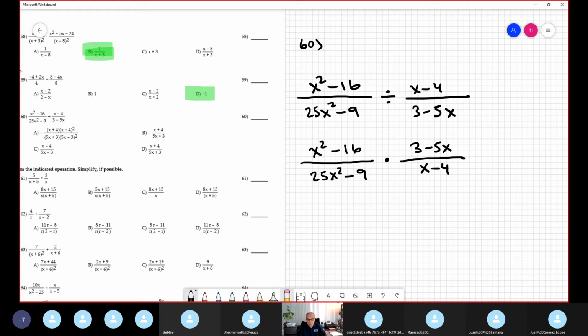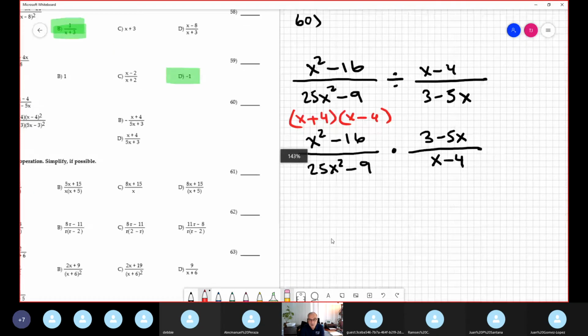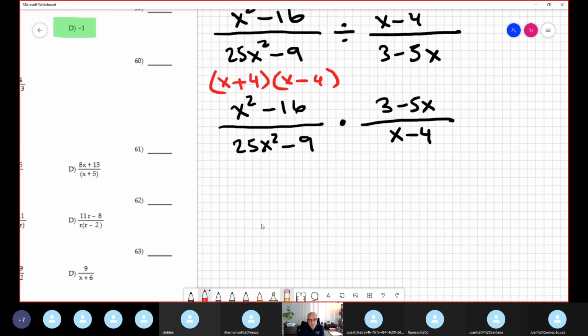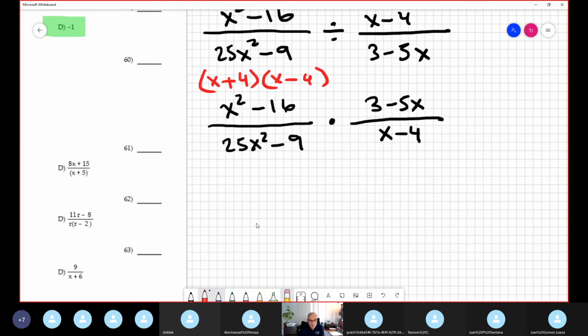Okay, now pay attention. Our problem is like a multiplication, exactly the same as we did before. With the factorization, I can see this is a binomial that is a difference of a square. It's x minus 4 times x plus 4, because the square root of 16 is 4, plus or minus. The bottom part is also a difference of a square, again a binomial.